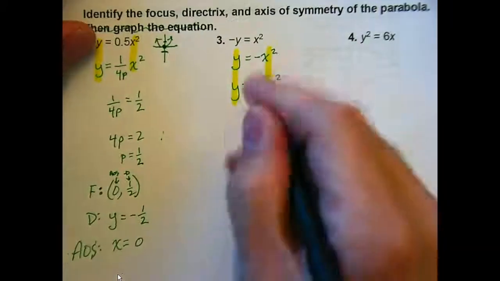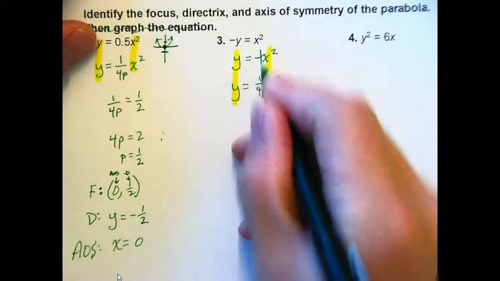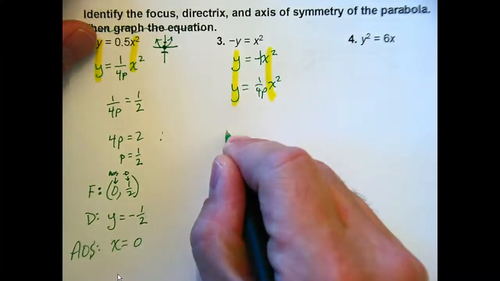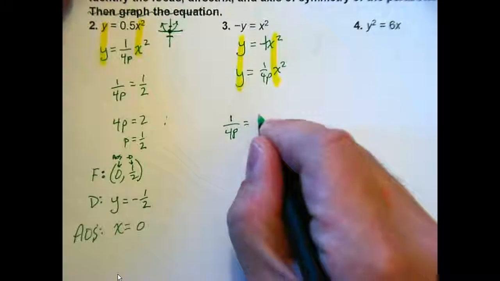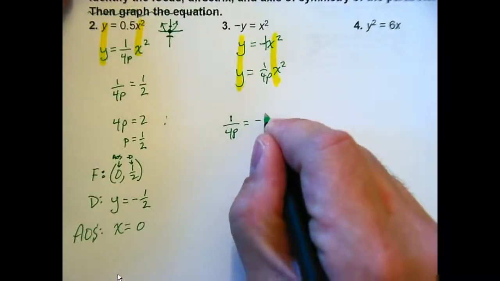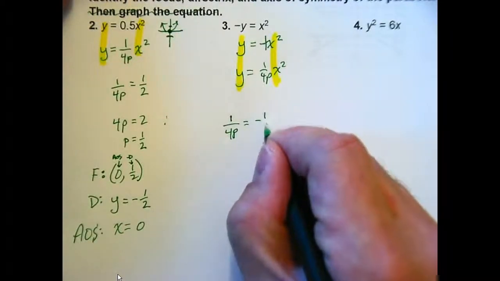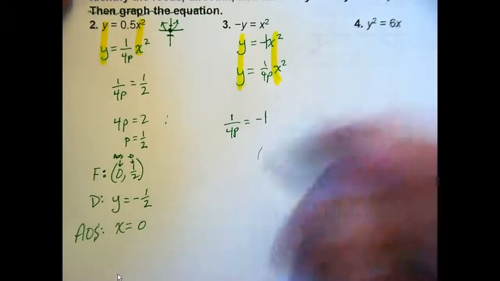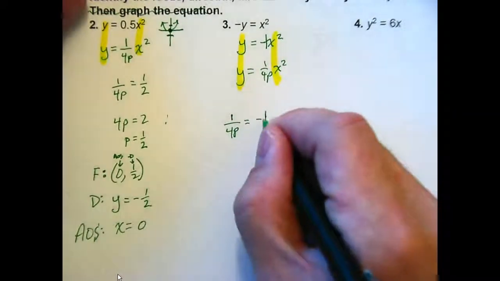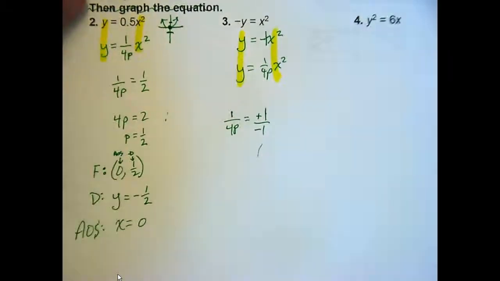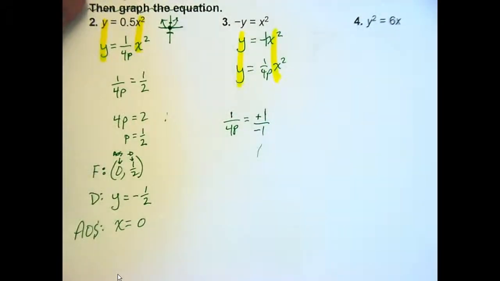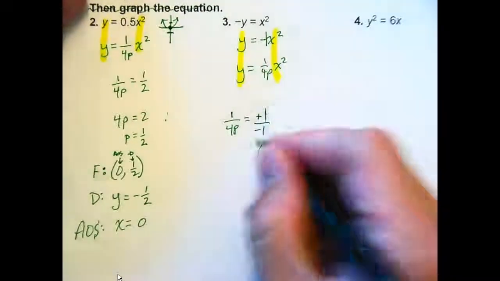This is a negative 1, so we have 1 over 4p equals negative 1. Or if you want to, you could think of it as positive 1 over negative 1. Right? If that's confusing to you, just think of it as 1 over 4p equals negative 1.